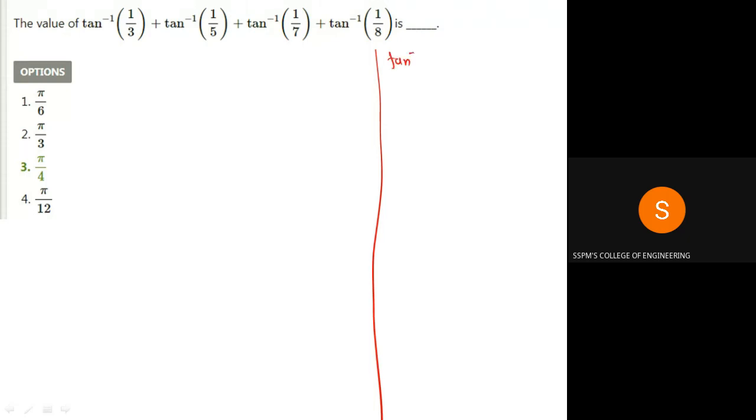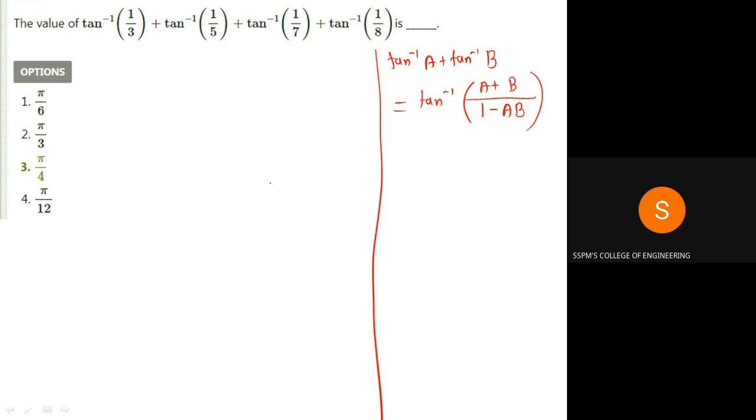Tan inverse A plus tan inverse B is equal to tan inverse of (A plus B) divided by (1 minus AB). So remember this formula: tan inverse A plus tan inverse B is equal to tan inverse of (A plus B) divided by (1 minus AB).